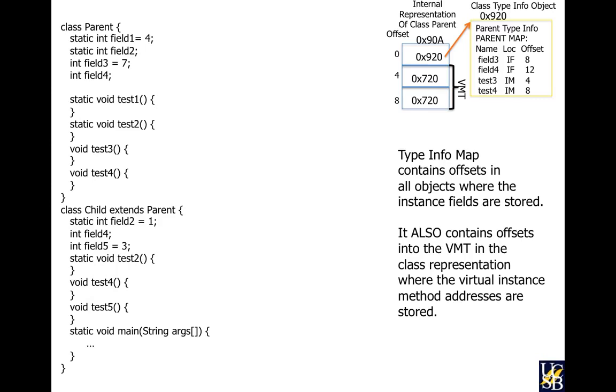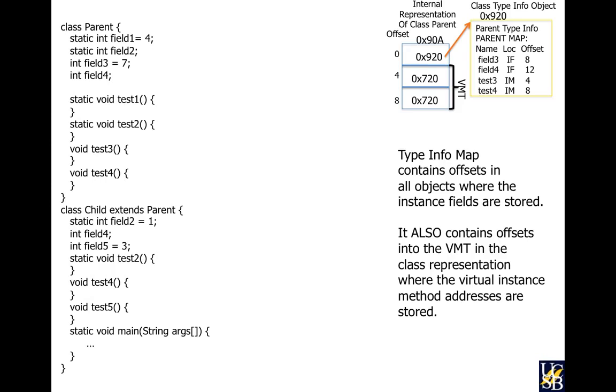So at offset 4, from the top of the internal representation of class parent, address 90A, we have an address to the compiler stub, the wrapper that's going to load test3 into memory once we eventually execute it. But we're not going to load it ahead of time because that would be premature, and we do everything lazy to save work where we don't have to do it.